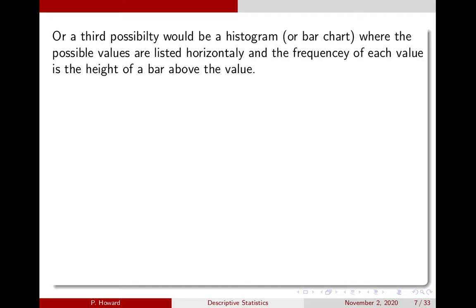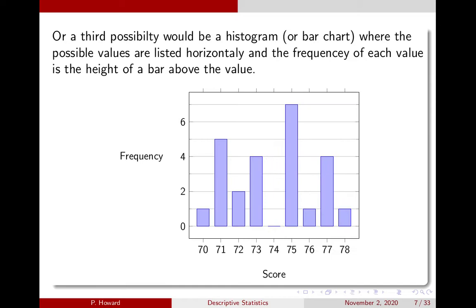So the way this works is the possible values, in our case the test scores, are listed horizontally, and then the frequency of each value is the height of a bar above the value that's listed. So here's what the bar chart would look like for our data.